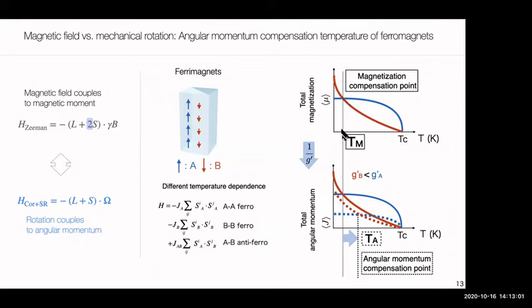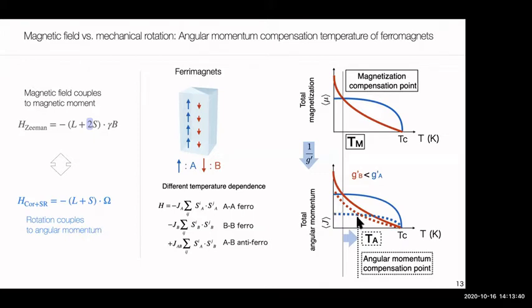Now let's look at the temperature dependence of the angular momentum. The angular momentum is given by the magnetization divided by the g factor. If we choose a material with this kind of condition for the g factor, then this dotted line indicates the temperature dependence of the angular momentum for the A sublattice, and this dotted line indicates the B sublattice.